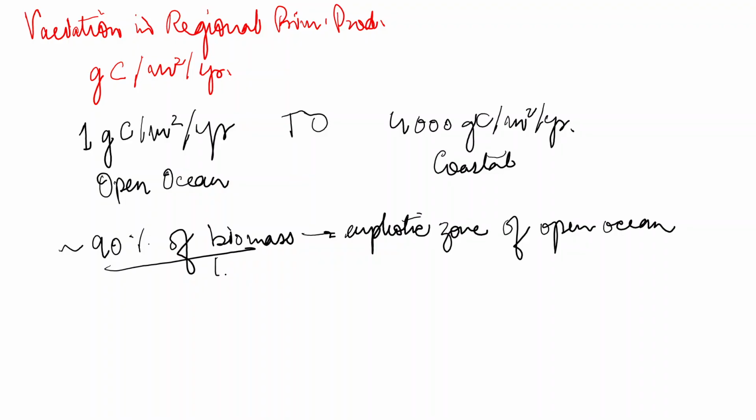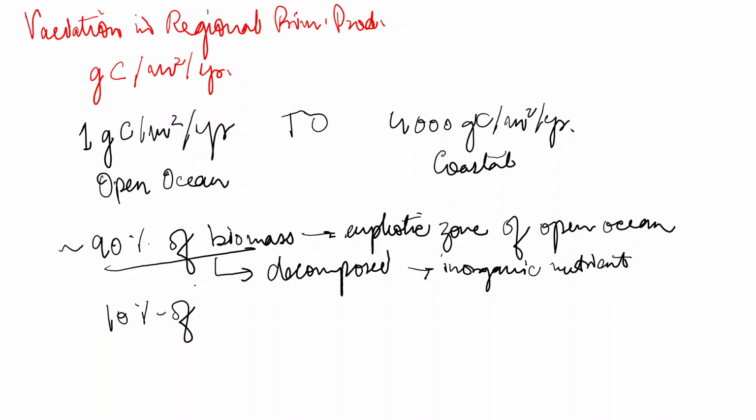Okay, 90% of the biomass of the euphotic zone of the open ocean decomposes. And once it is decomposed, it forms inorganic nutrients only: the nitrogen, phosphorus, carbon. After the euphotic zone, only 10% of the organic matter goes to the deeper zone.